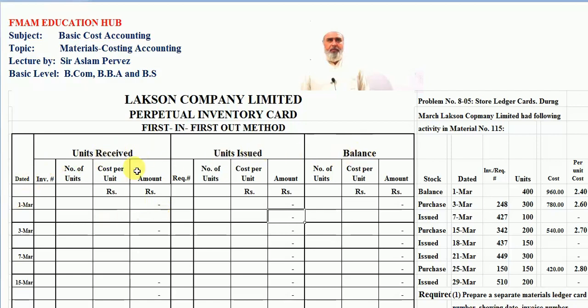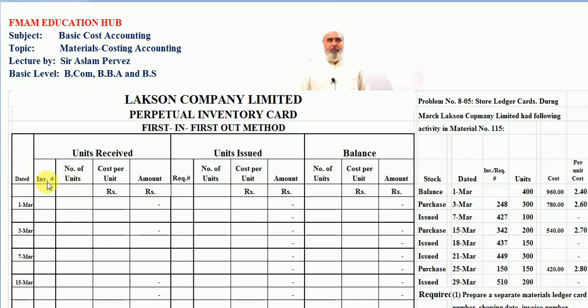Except the date column, the other three columns have sub columns: number of units, cost per unit, and amount. In these sub columns there may be another column for invoice number.